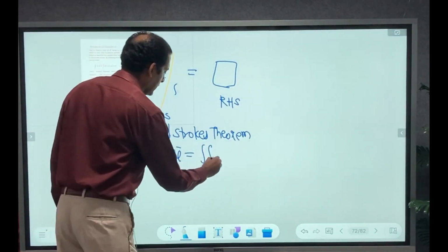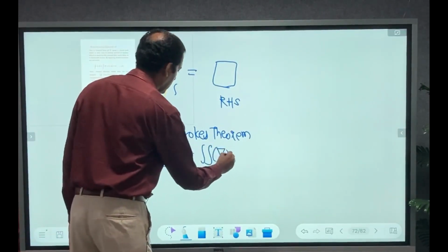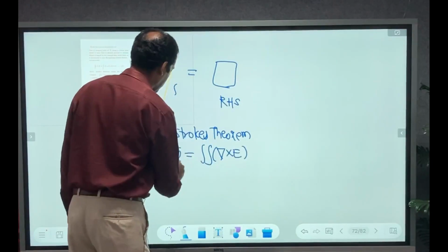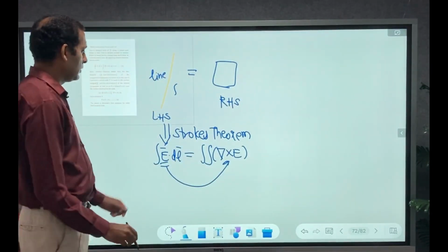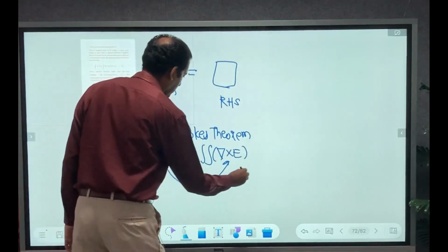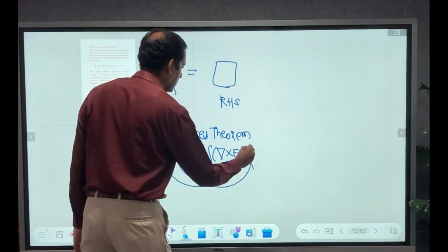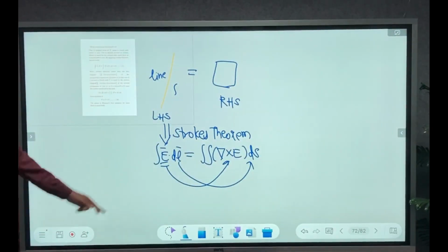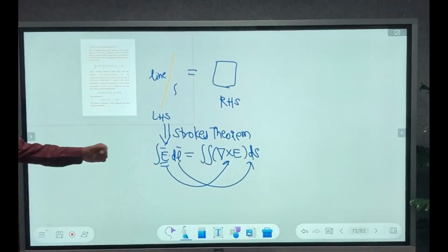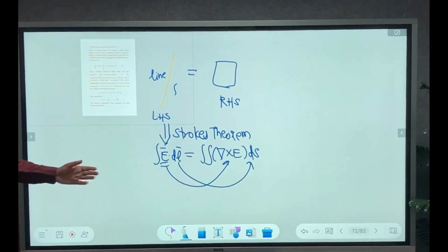So I can do del cross E, that is the cross product. Once I take the curl of E, this will be shifted to ds. So I applied Stokes theorem.